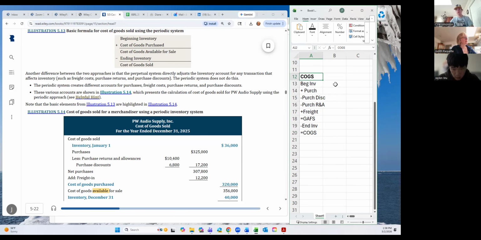So you could do it like this. You could say 36,000 minus 10,400 minus 68. Oops, I think I did that wrong. 36,000, 325,000 minus 68 plus freight.